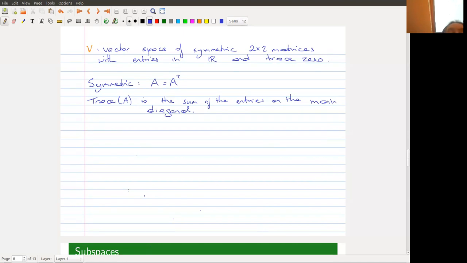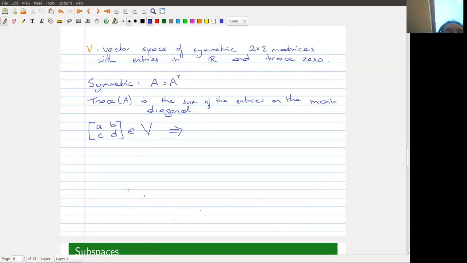So, okay, this V is the vector space consisting of all symmetric 2 by 2 matrices whose entries are real and whose trace is 0. So if a matrix A, B, C, D is in V, we've just written A, B, C, and D for the entries of this matrix, then in order for the matrix to be symmetric, well, its transpose, this is a 2 by 2 matrix, so its transpose just has A, B in the first column and C, D in the second.